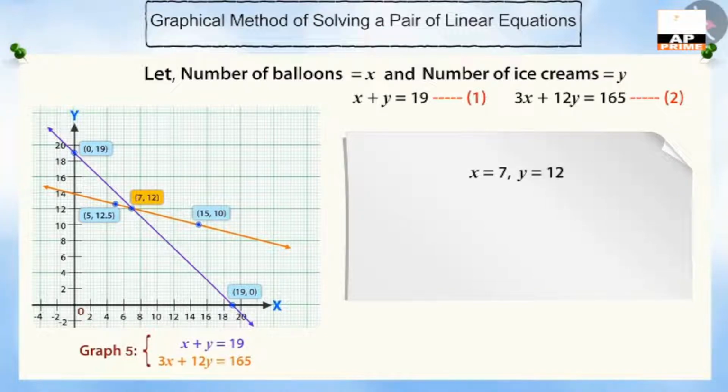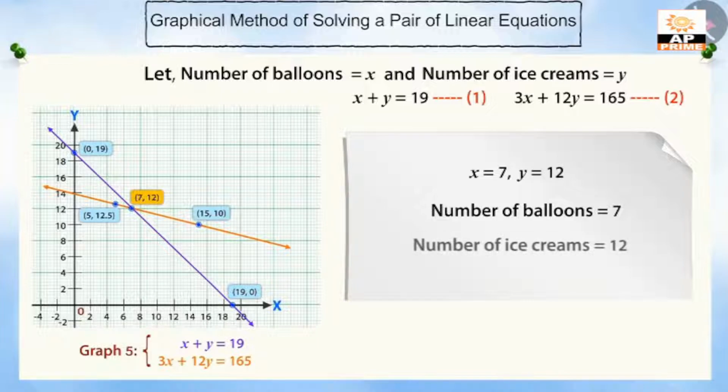Therefore, x is equal to 7 and y is equal to 12 will be a solution for this pair of equations. Since the point (7, 12) is a common point on both the lines, this is the only solution for the given pair of linear equations in 2 variables. Therefore, Rahul bought 7 balloons and 12 ice creams.